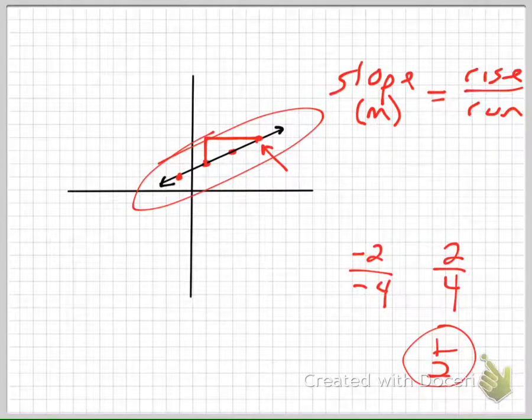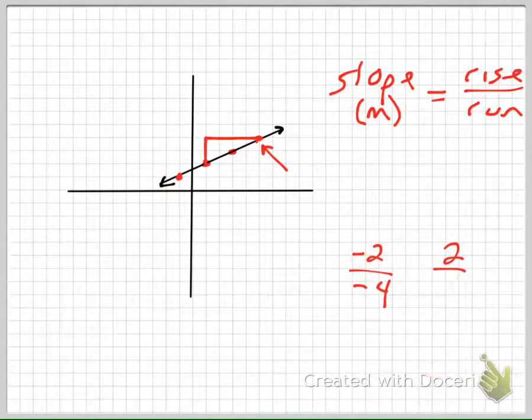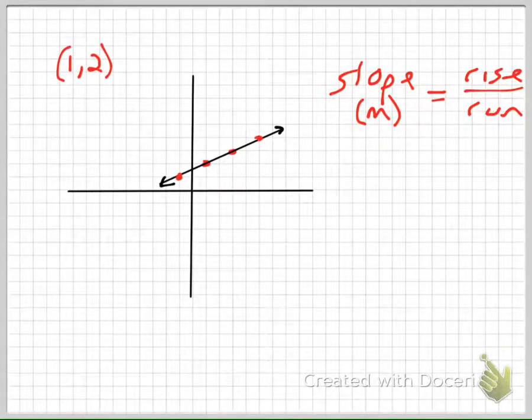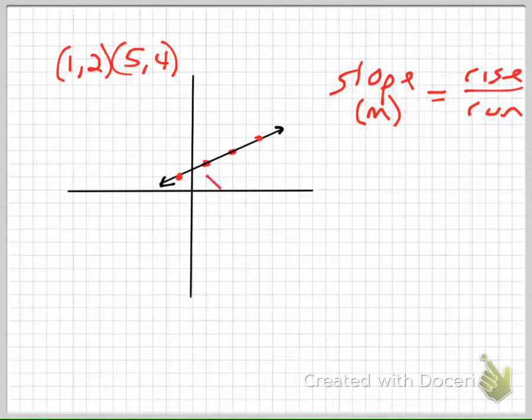It's a 1/2 slope. The other way of figuring out the slope is to not graph it. That would be if I gave you the point 1, 2 and the point 5, 4. Okay? I gave you those 2 points. They happen to be that point and that point.